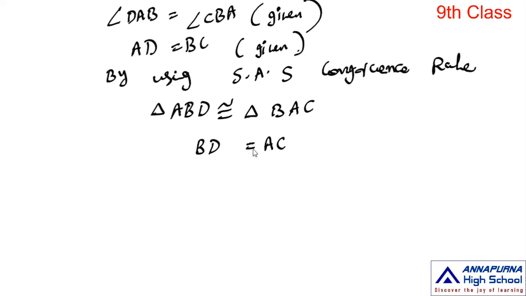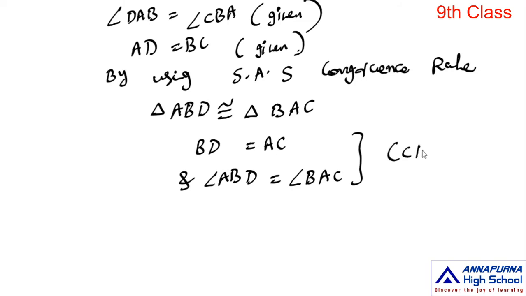Angle ABD is equal to angle BAC since CPCT. What is the meaning of CPCT? Corresponding parts of congruent triangles. This is the second problem.